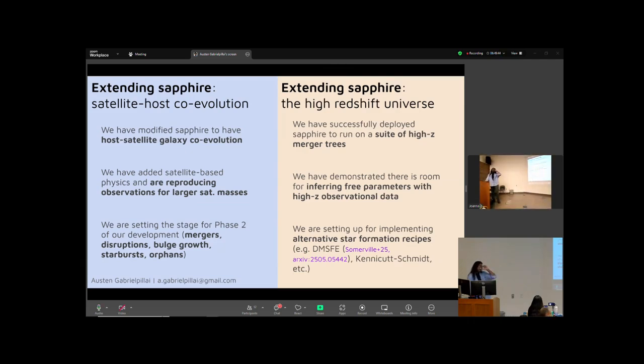So an orphan in our context is this: right now we're modeling the surviving satellite population. There's also the population of satellites that have been lost for various reasons, right? They've been either fully disrupted or they merged, right? But there's also a subpopulation of them where the halo finder has lost their tracking, right?